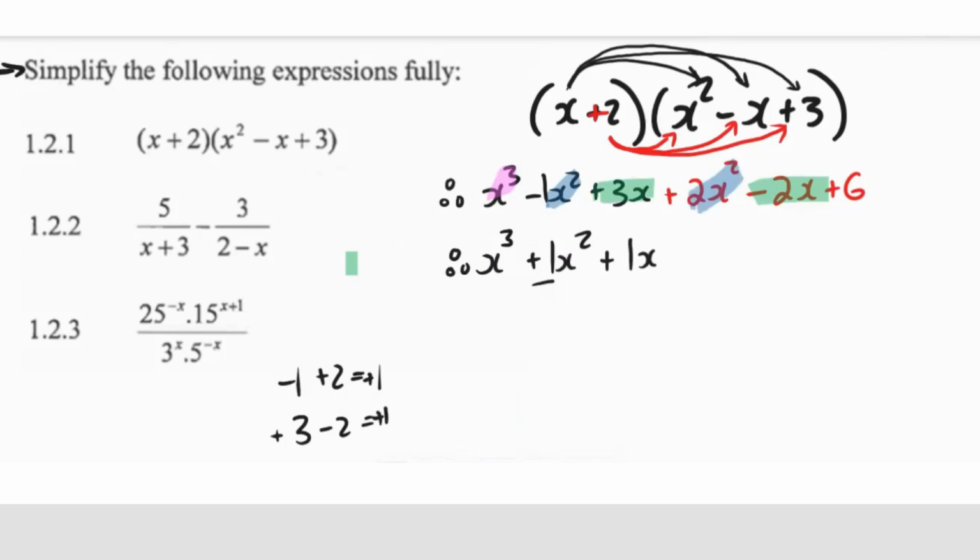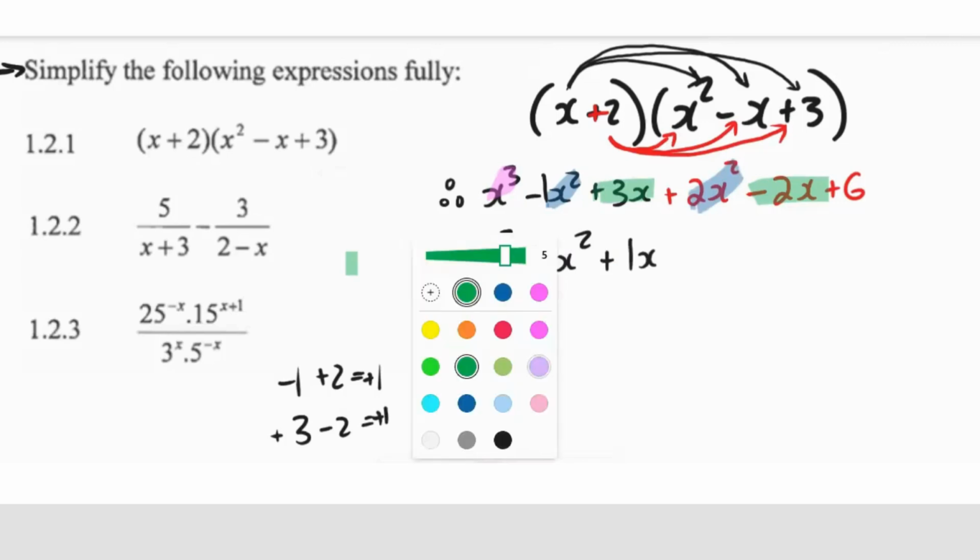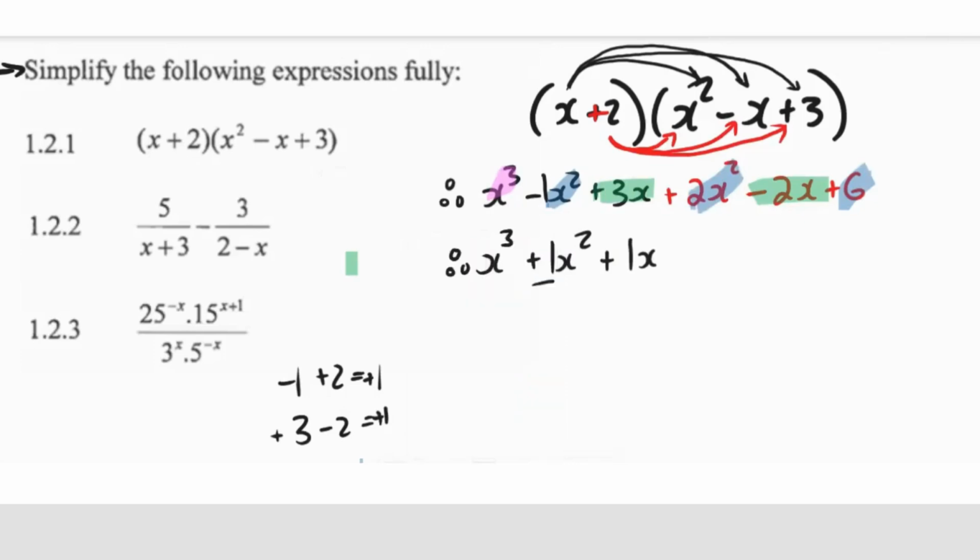And then lastly, in this case, our 6 does not have any other constant term, so it's going to remain to be that 6. So this one is quite an easy question. But remember, if we have a coefficient of 1, we don't necessarily have to write it. So that's how we leave it. So that is your final answer.